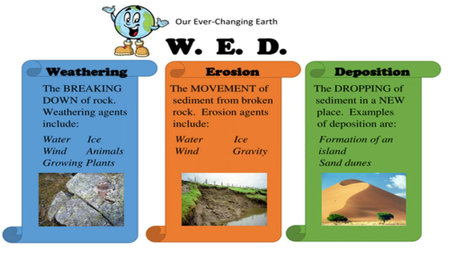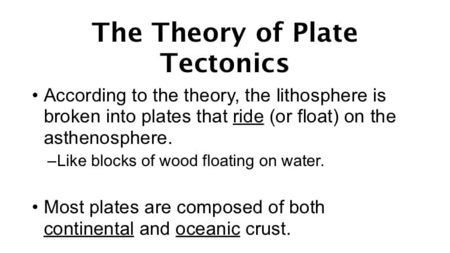Erosion agents include water, wind, ice, and gravity. Another one is deposition. The dropping of sediment in a new place is called deposition. For example, the formation of an island and sand dunes. These processes have created and modified the relief to its present form.